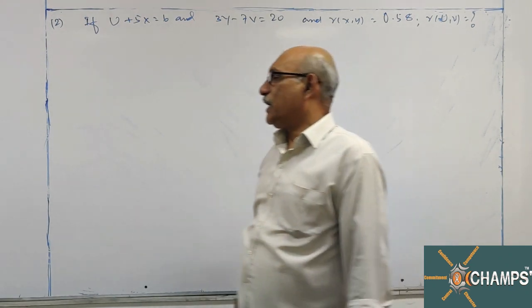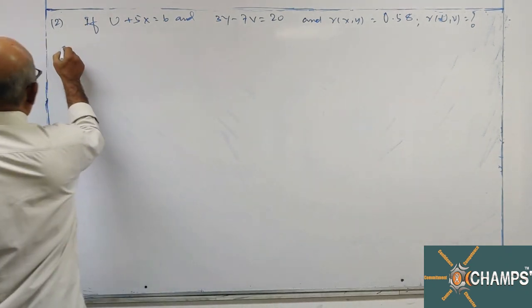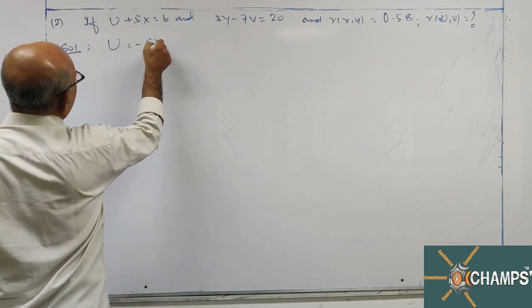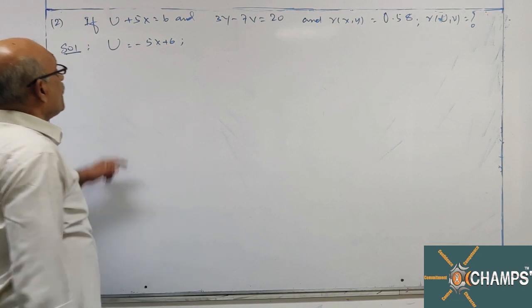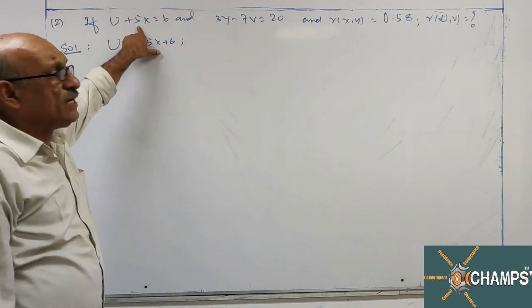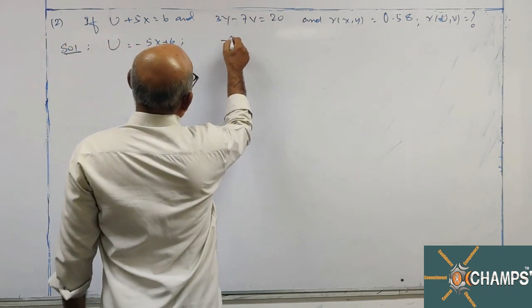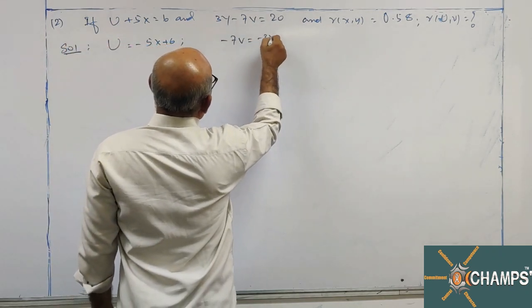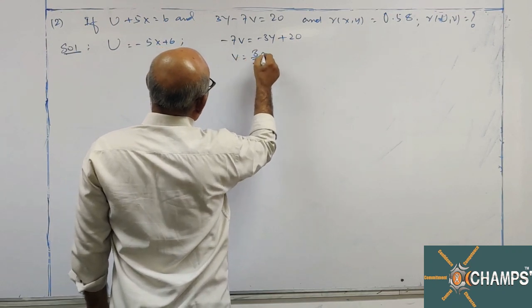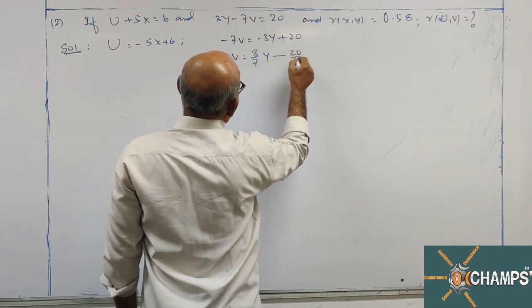Okay, let us see the solution of this. u is equal to minus 5x plus 6. Take 5x to the right hand side, this positive value will become negative. Minus 7v is equal to minus 3y plus 20. v is equal to 3 by 7 into y minus 20 by 7.